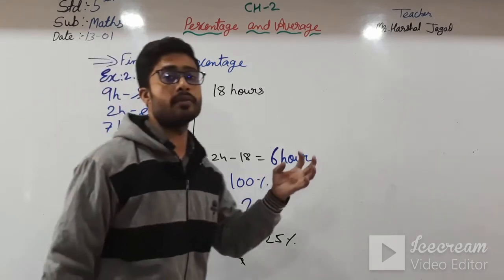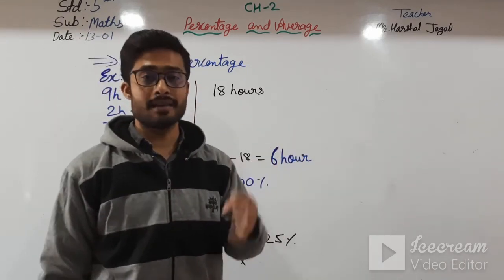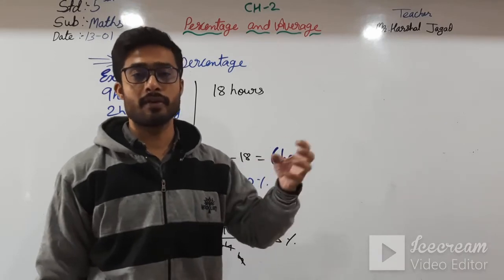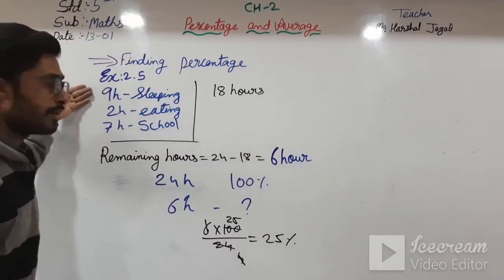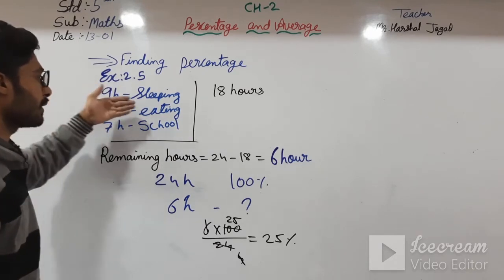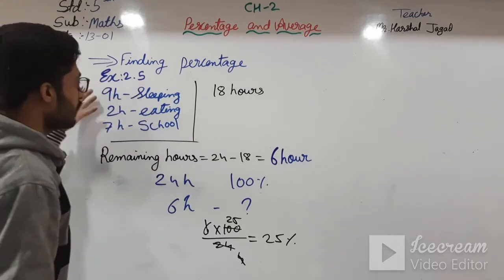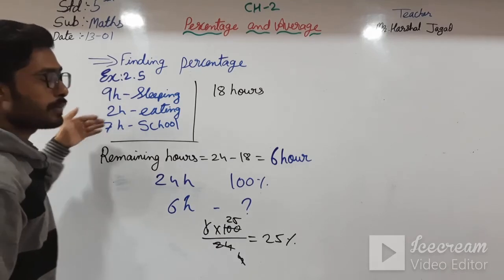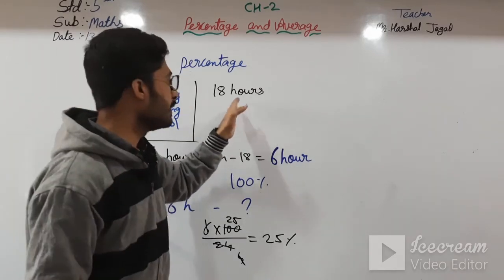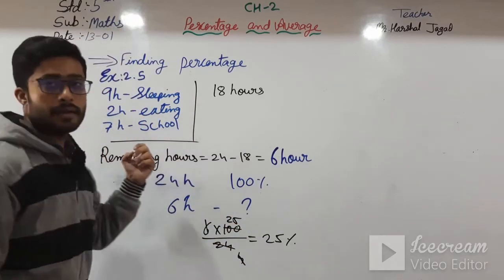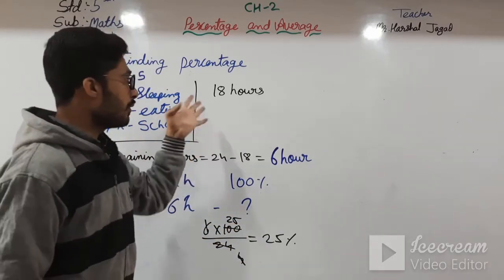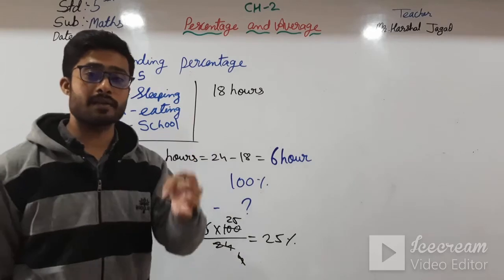We have to find out how much hour is left, and then find out the percentage. So the hours which are given, 9 hours for sleeping, 2 hours for eating, 7 hours for school. If we total, 9 plus 2, 11 plus 7, 18. So 18 hours the child is busy in sleeping, eating, and in school.